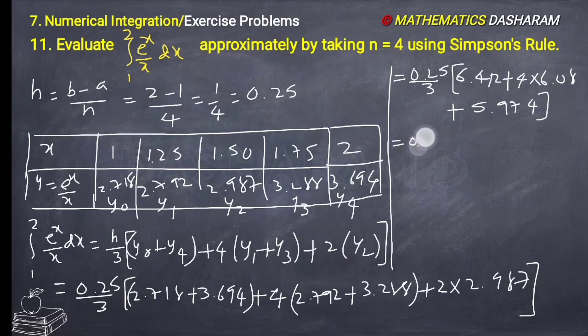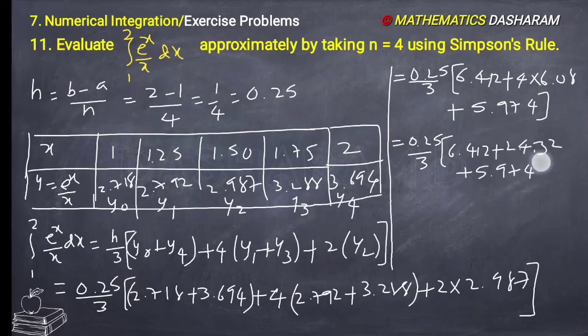So it is equal to 0.25 divided by 3, 6.412 plus 4 into 6.08 is 24.32 plus 5.974. So 0.25 divided by 3.